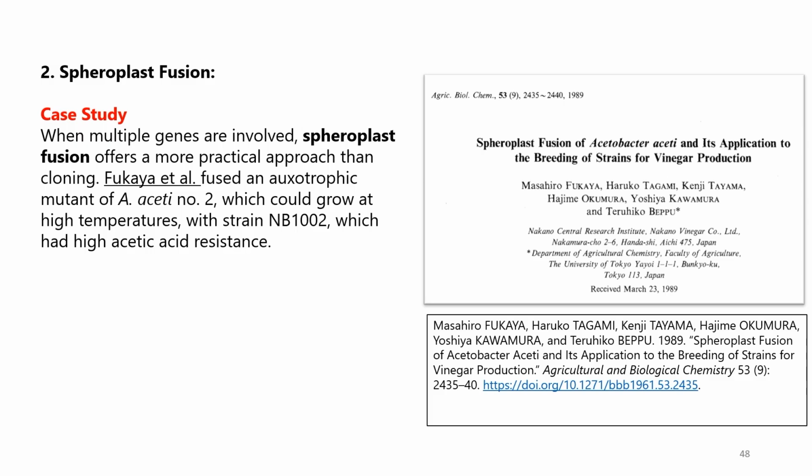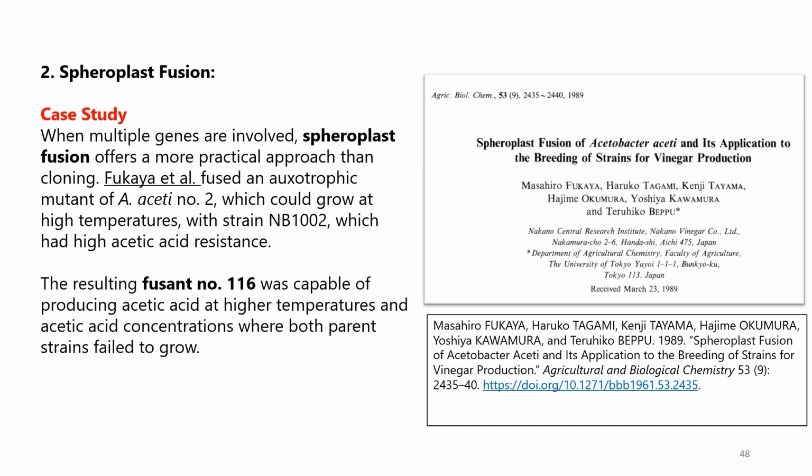This group, led by Beppu and with Fukaya as the lead author, has attempted to fuse an auxotrophic mutant of Acetobacter aceti number 2, which could grow at high temperatures, with strain NB 1002, which had high acetic acid resistance.